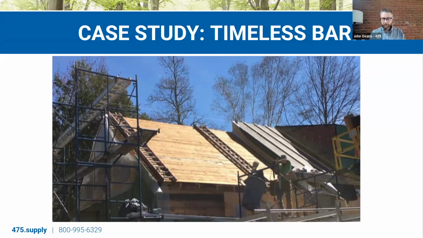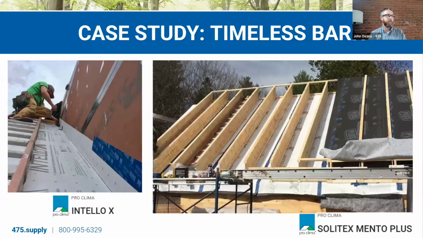And then over the top of that, we used IntelliX. Some of you may be familiar with Intello Plus. That's one of our very common products. IntelliX has the same function in the assembly when it's complete, but it has the added benefit of being exterior rated. So you can use it as your temporary weather protection during construction.